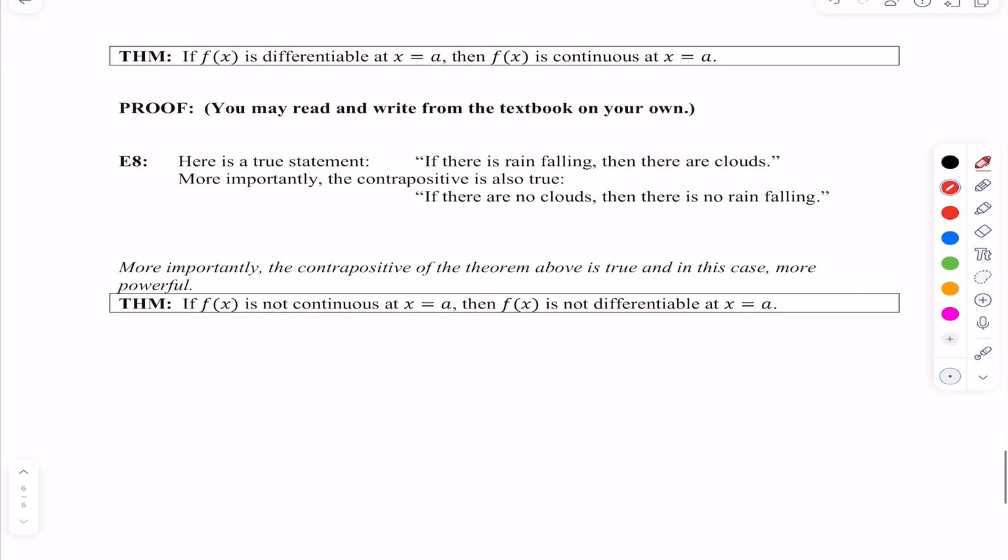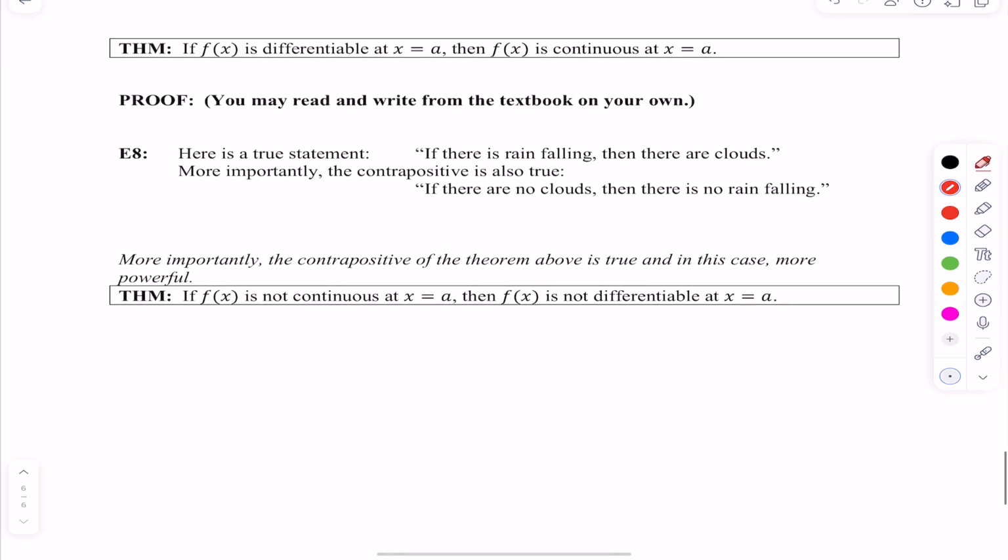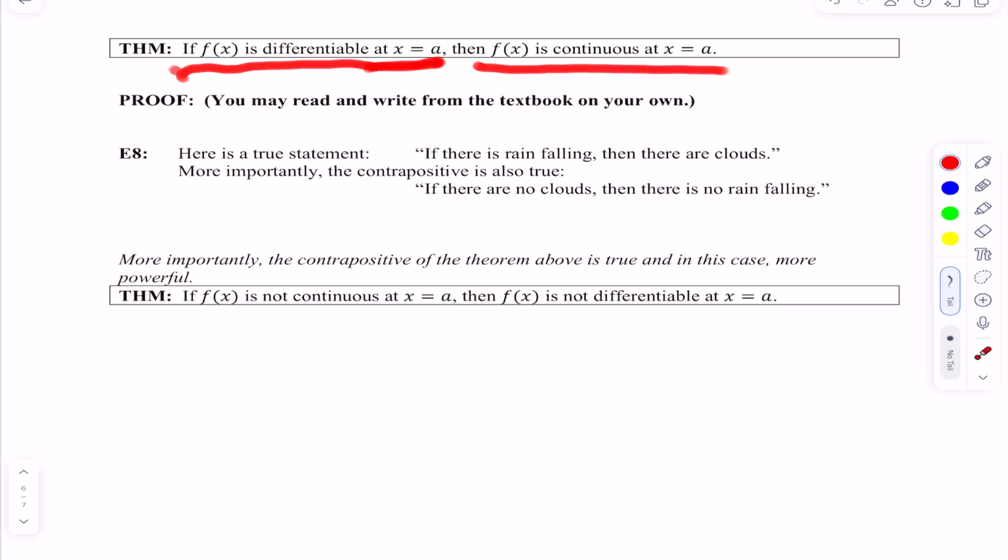So here's a theorem that is more beneficial in understanding what is continuous. If f of x is differentiable at a specific x value, let's say that x value is a, then f of x is also continuous at a. Example 8, here's another true statement. If you haven't figured out this logic yet, think about this statement.